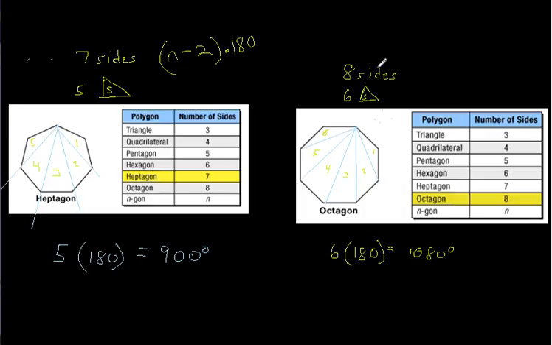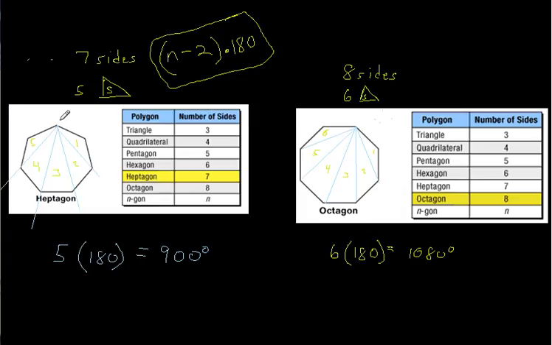Would that hold true over here as well? 8 minus 2 gives me 6 times 180. Is that what I used over here? Absolutely. So this formula can help me find the measures of the angles inside of any polygon. And if you forget it, just go back to the previous step.